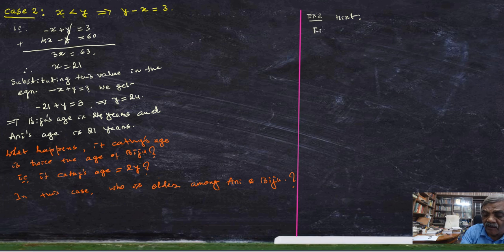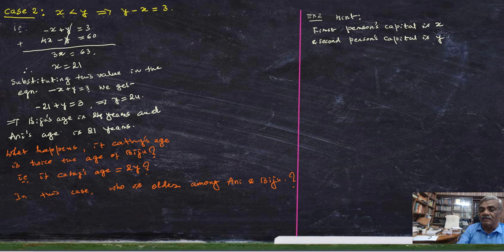Let us say the first person's capital is X and the second person's capital is Y rupees.